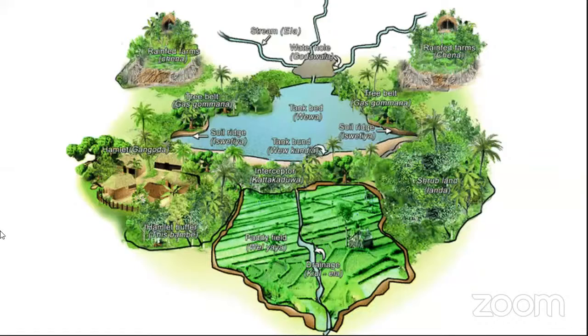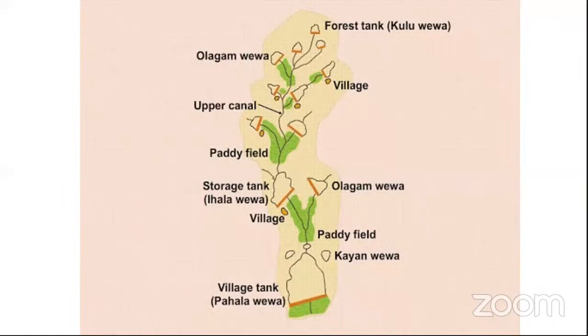Now see, this is a village, a hamlet. This is a small village, and a small village tank is there. Then you see in the next slide how these village tanks were interconnected. There were some village tanks interconnected through canals. This is known as Elanga, the Vav Prapatanaya or cascade of tanks.